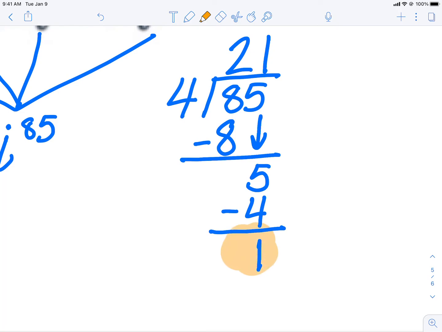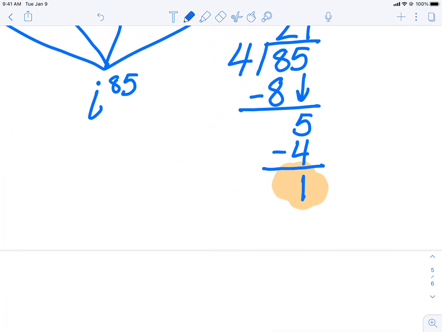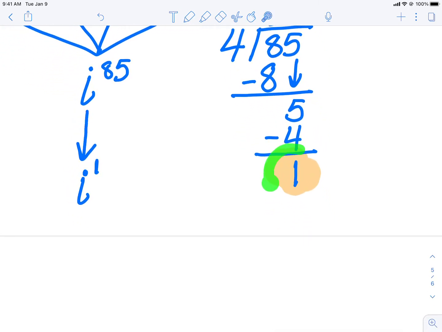This is my key number right here, because this is the remainder. So my I to the 85 became I to the power of 1. This 1 comes from there. Right?